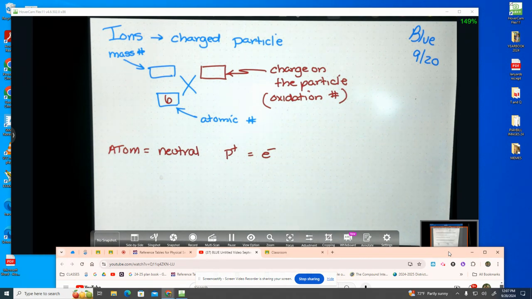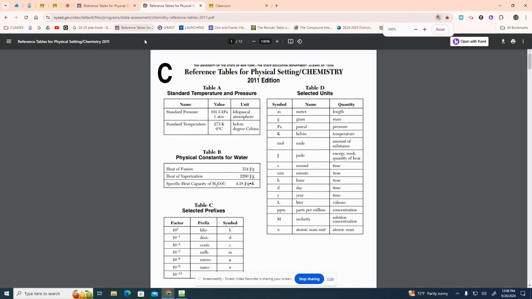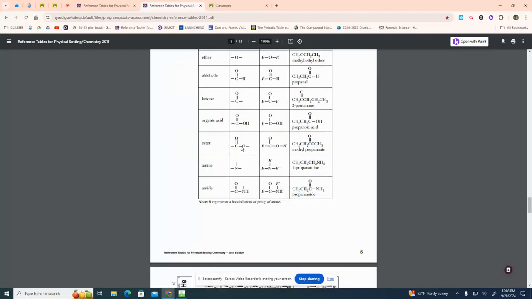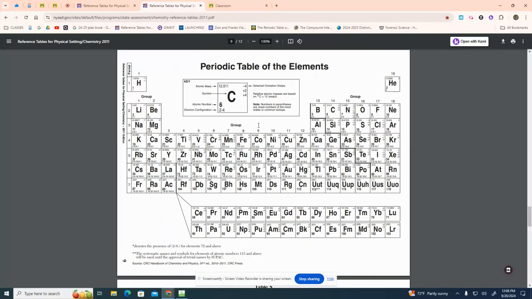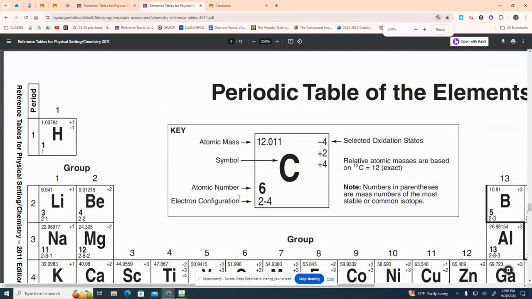All right, take out your reference table. On your reference table, I want you to take a look in the bottom left corner of this box right here where it says carbon.